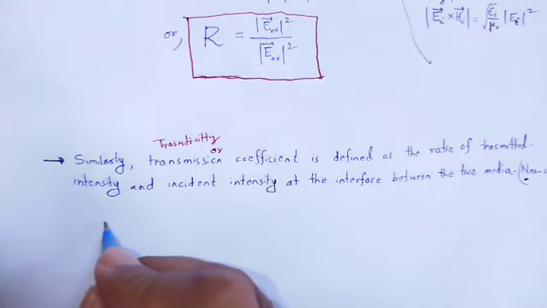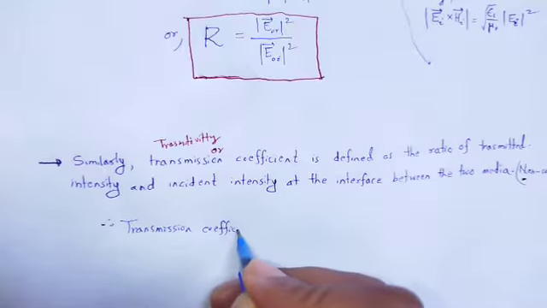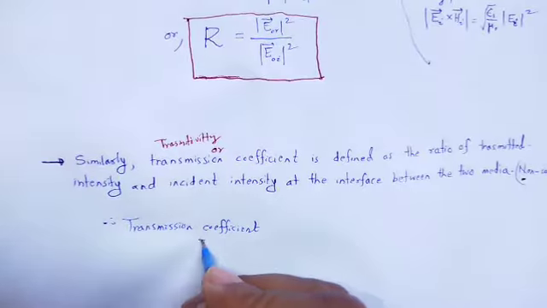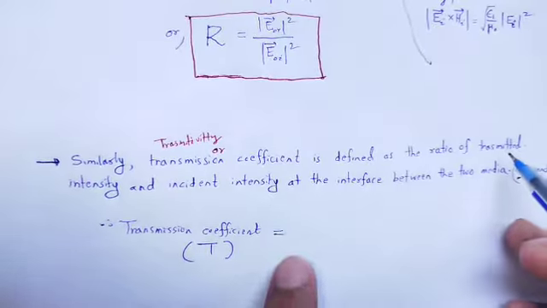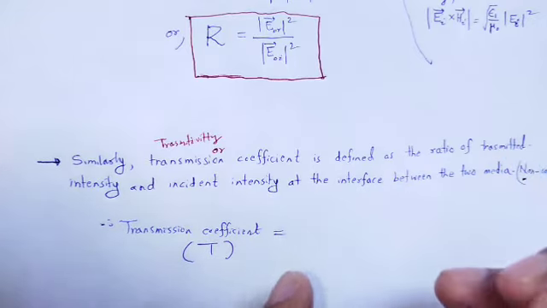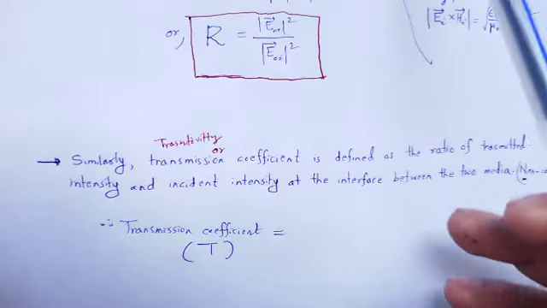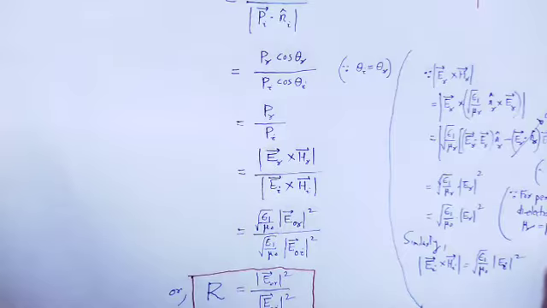By using the definition, the transmission coefficient is denoted by capital T. This is the ratio of transmitted intensity to that of incident intensity. What is intensity? As I said in the previous expression, intensity is the energy per unit area per unit time at the interface.